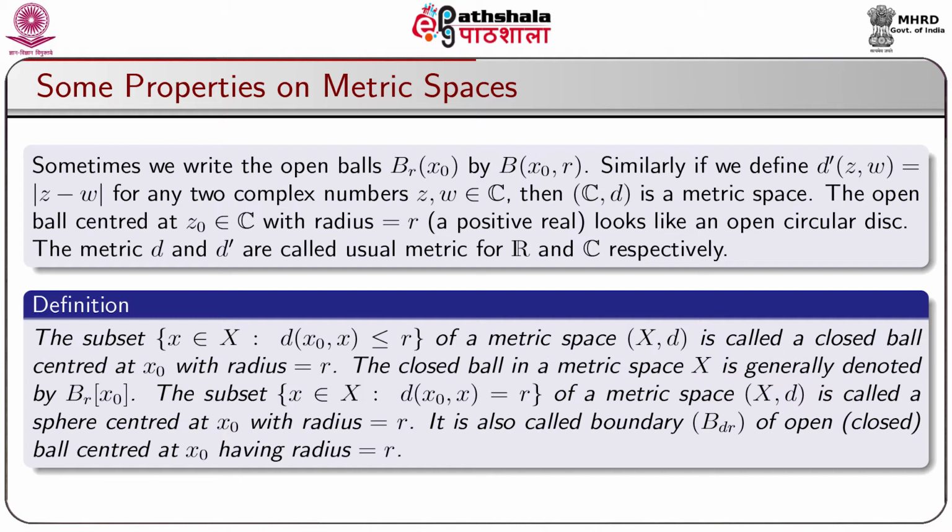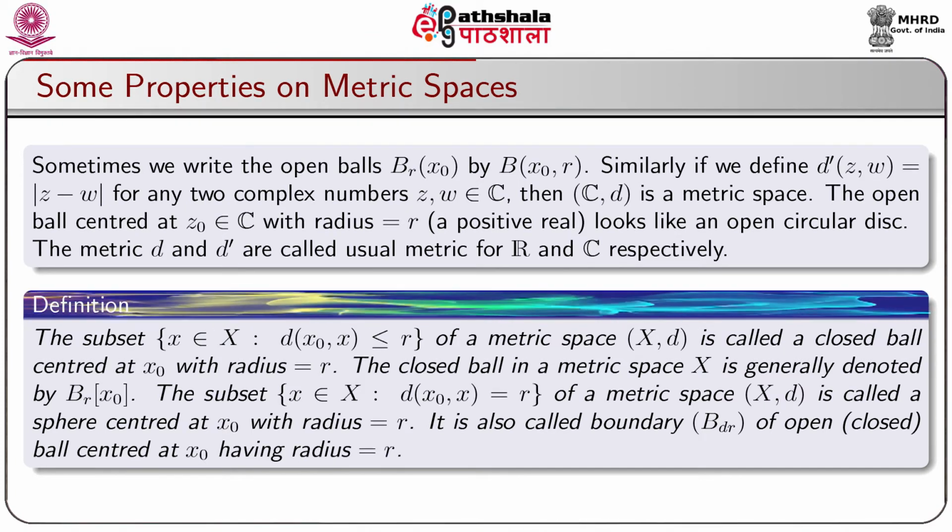The open ball centered at z0 belonging to C with radius r, where r is a positive real, looks like an open circular disk. The metrics d and d' are called the usual metrics for R and C respectively, where R is the set of reals and C is the set of all complex numbers.